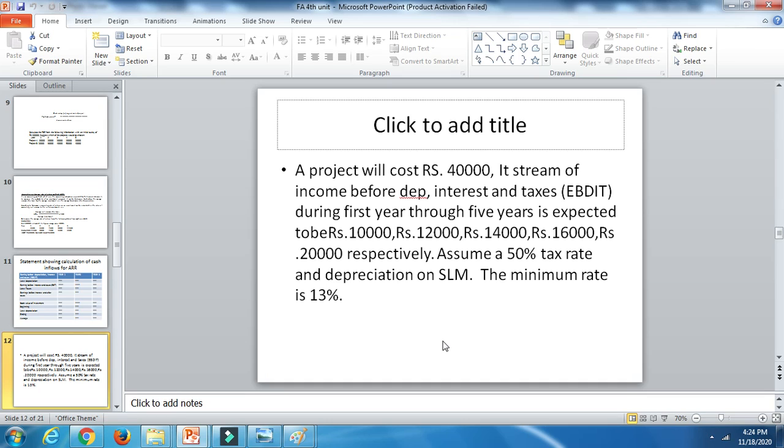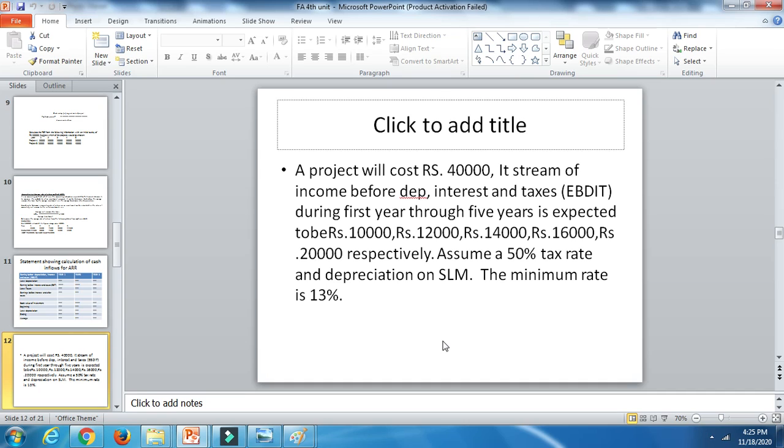A project which costs rupees 40,000 has streams of income before depreciation, interest and taxes, EBDIT. Remember this, EBDIT. During the first year through 5 years it is expected to be rupees 10,000, 12,000, 14,000, 16,000, 20,000.